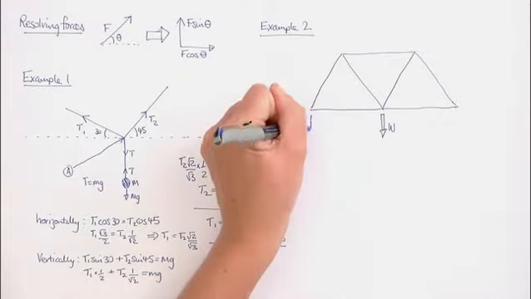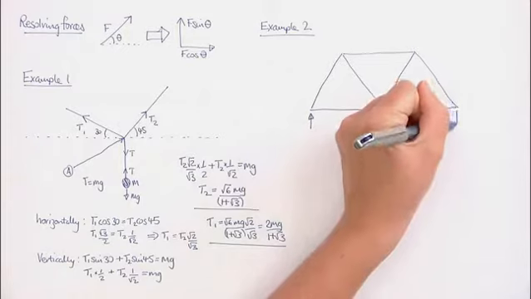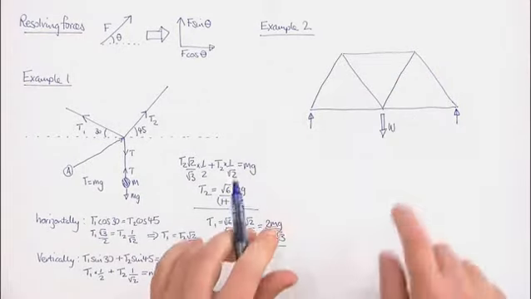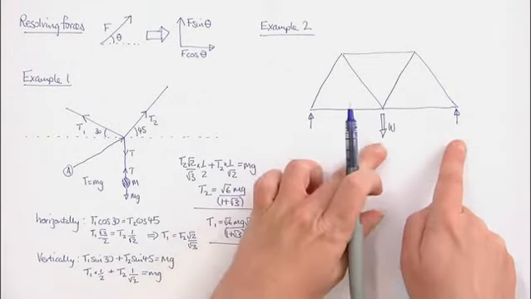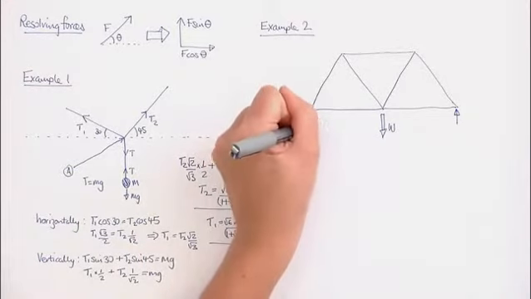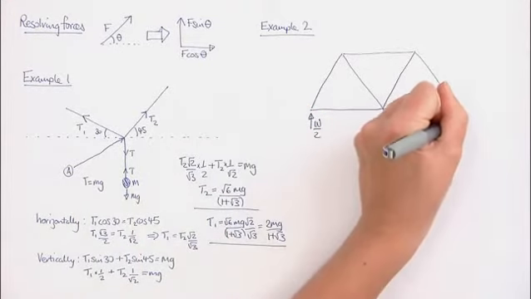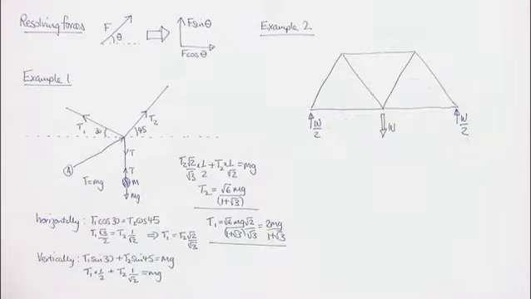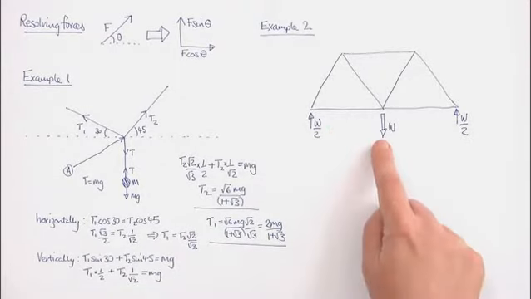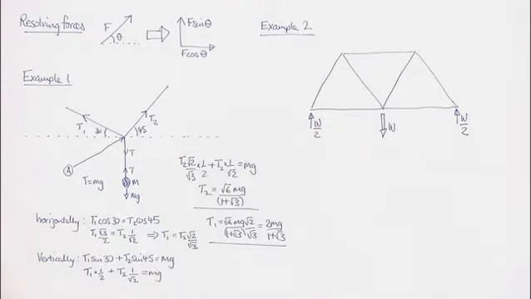So these are reaction forces here and here, and they must be W over 2 and W over 2, because they balance this weight W. So those are our external forces, the weight and the reaction holding the bridge up.